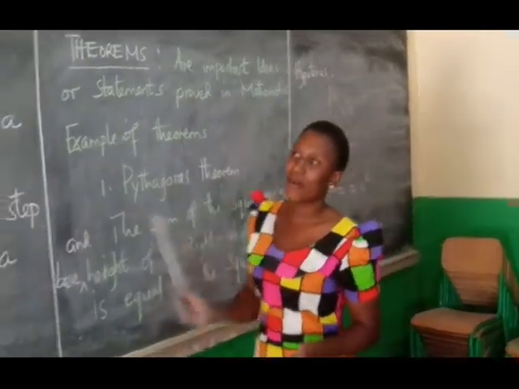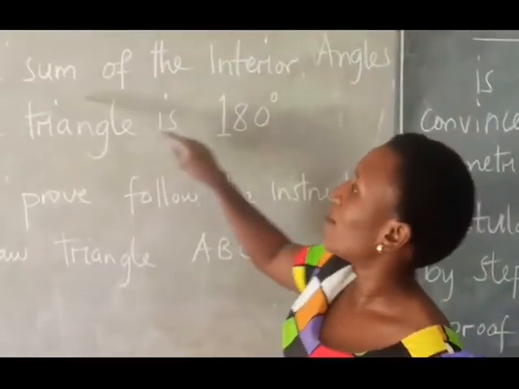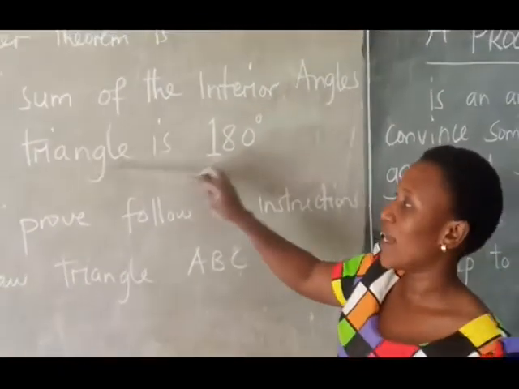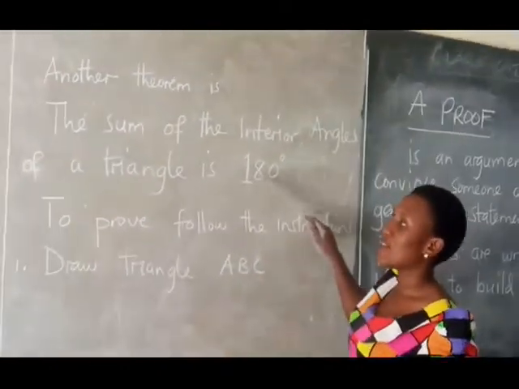That is what we call the Pythagoras theorem. Another theorem is that the sum of the interior angles of a triangle is 180 degrees. We are required to prove this statement.